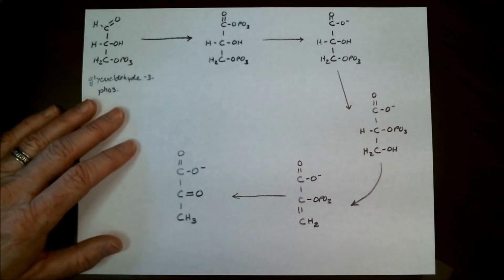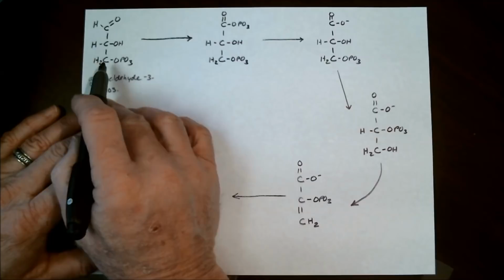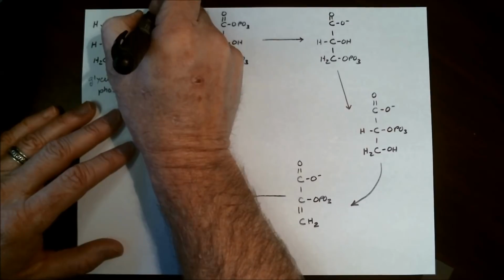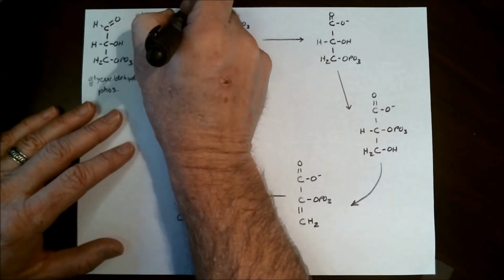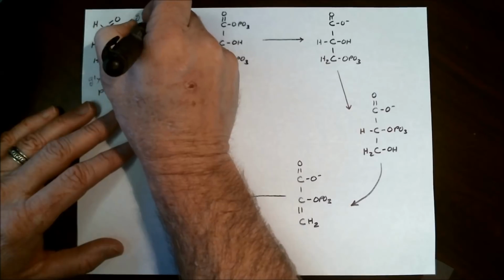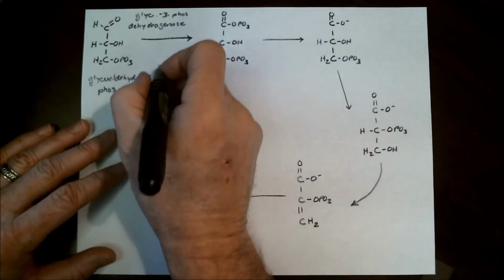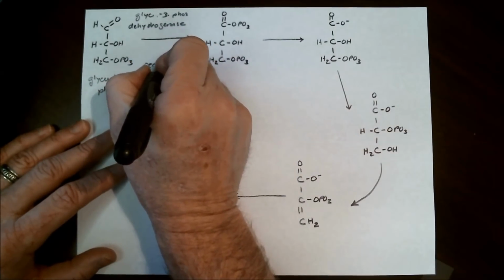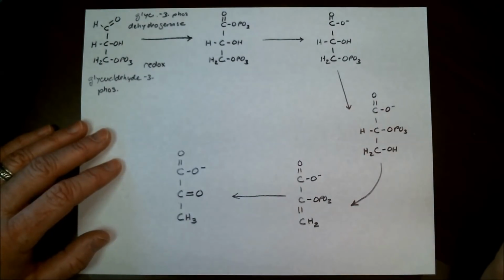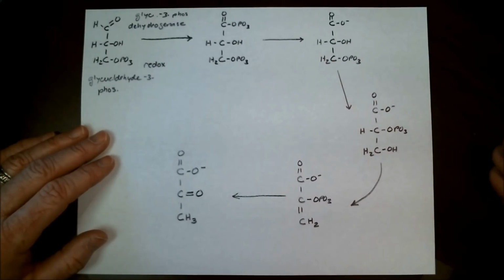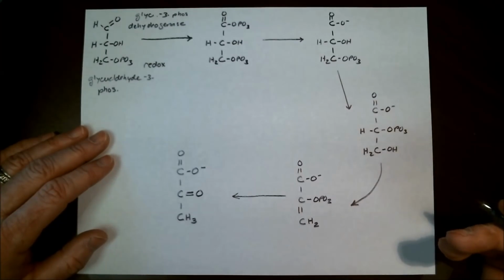So the first step is we are going to perform a complex reaction by a very complex enzyme called glyceraldehyde 3-phosphate dehydrogenase. This reaction is a redox reaction. Now, from chemistry, recall that redox reactions are reduction oxidation, which means that in order to balance these reactions, one substrate is being oxidized, which means electrons are being removed from the substrate.